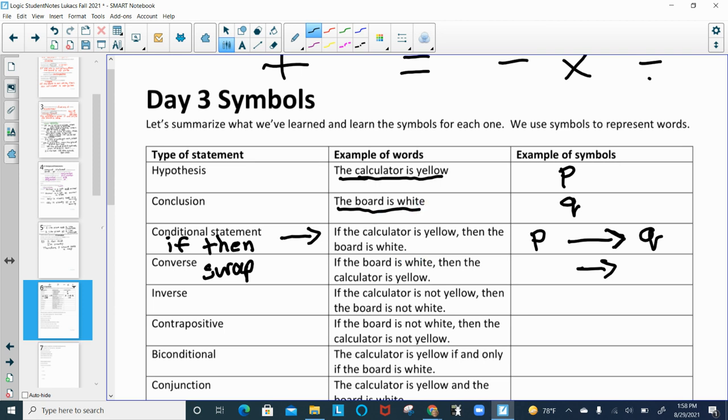That's what comes first in the converse, and that's Q. Then the conclusion, the calculator is yellow, that's P. Just take a look at this one and this one. Do you see how the swap has happened? The P came first, Q came second. Now the Q comes first, and the P comes second. Give you just a minute to get that written down.